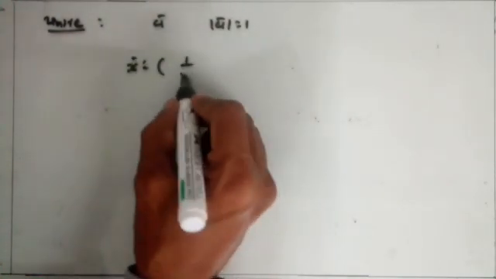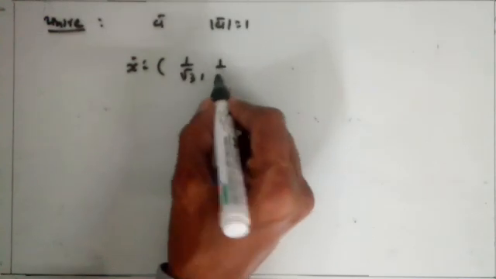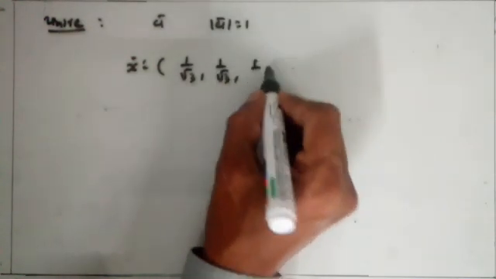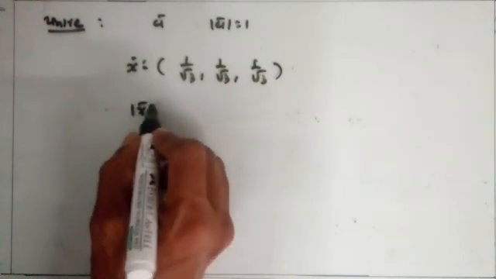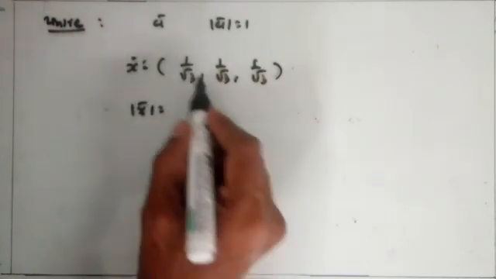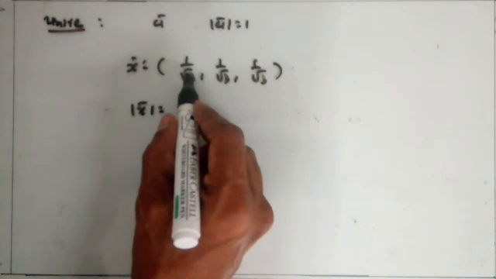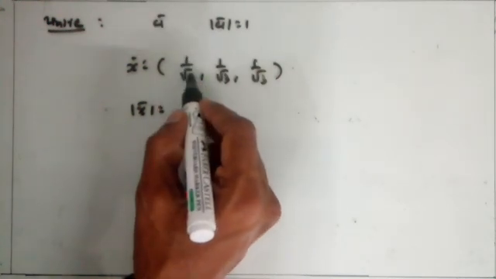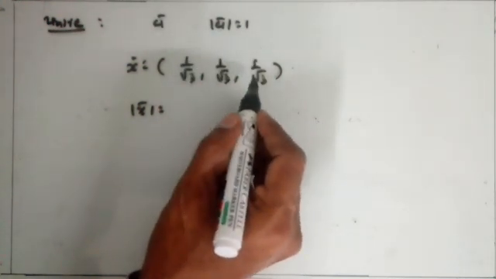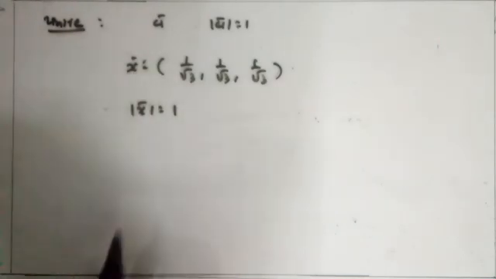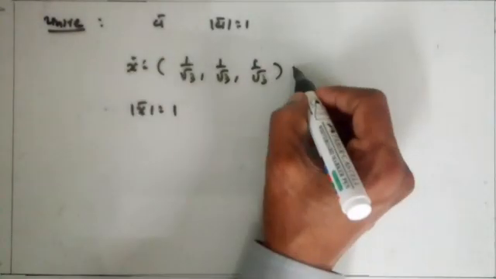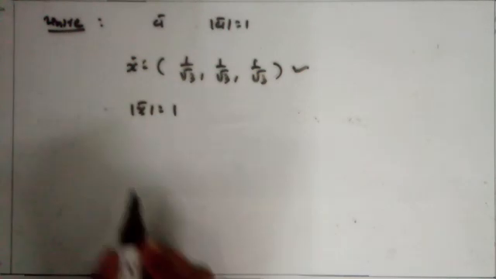For vector x is equal to 1 upon root 3, 1 upon root 3, 1 upon root 3, the magnitude is equal to root of 1 upon root 3 square, that is 1 upon 3 plus 1 upon 3 plus 1 upon 3, that is 3 upon 3 equal to 1. So this vector becomes a unit vector.